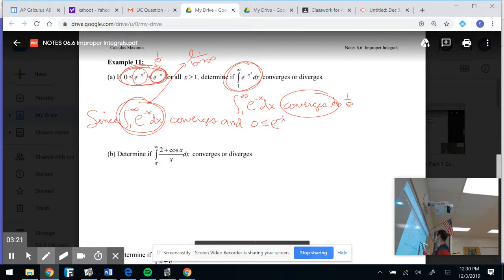If this is not true, then I cannot make the conclusion, okay? Since that is true, we know that the improper integral from 1 to infinity of e to the negative x squared dx converges as well. And then we make sure we say by the comparison test. Okay, that's it.